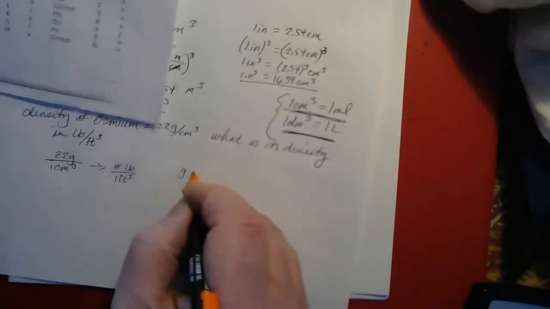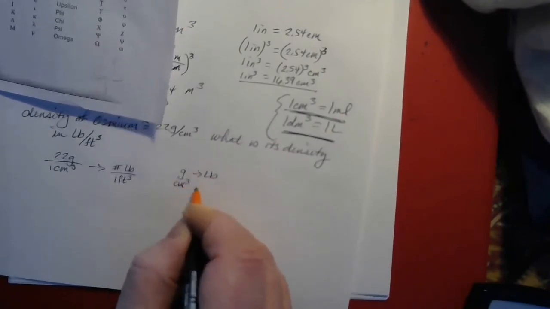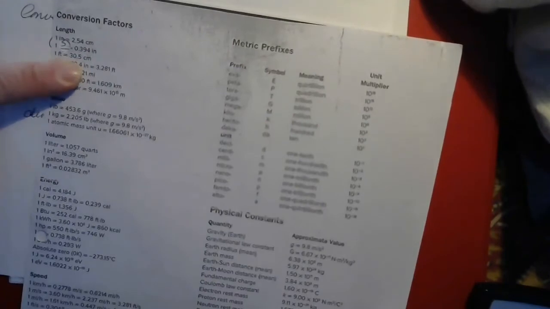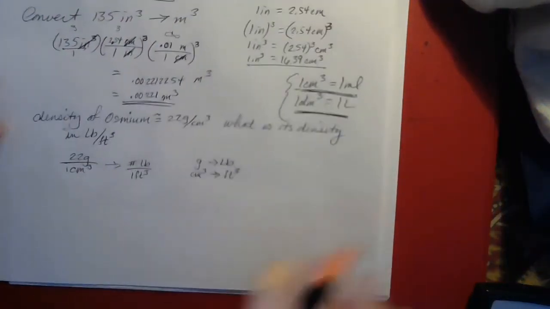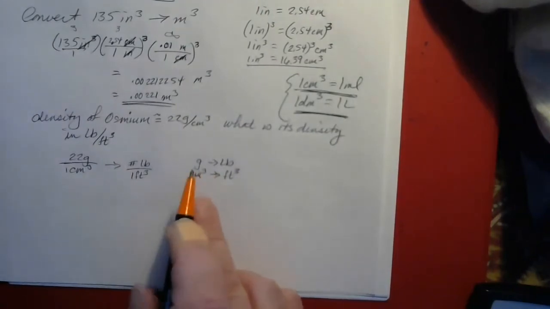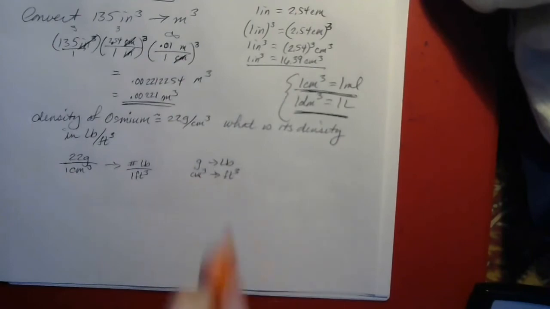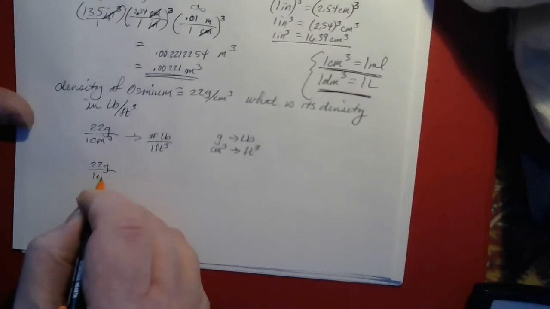We can do that in one step, grams to pounds. And then we have to go from centimeters cubed to feet cubed. Let's see if we have anything here. Oh, there we go. We can do that in one step also. 1 foot is 30.5 centimeters. And then when we use that conversion factor, we're just going to have to remember to raise it to the 3rd power, because we're actually looking for cubic centimeters to cubic feet. So we start with 22 grams over 1 cubic centimeter.